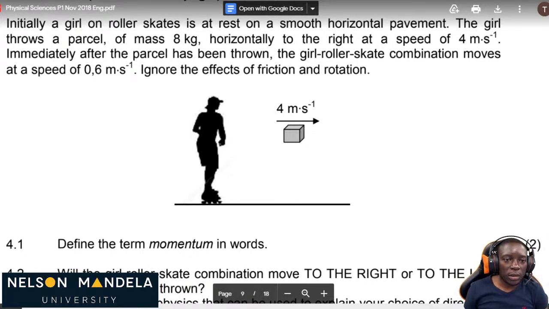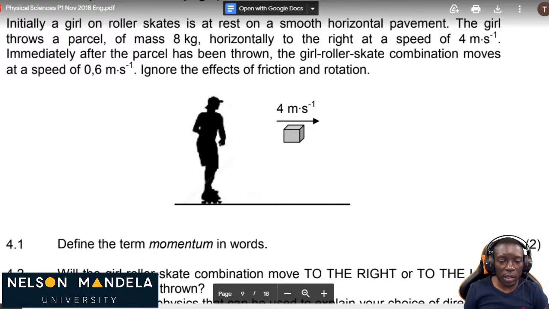Initially, a girl on roller skates is at rest on a smooth horizontal pavement. The girl throws a parcel of 8 kgs horizontally to the right at a speed of 4 meters per second. Immediately after the parcel has been thrown, the girl roller skate combination moves at a speed of 0.6 meters per second. Ignore the effects of friction and rotation.